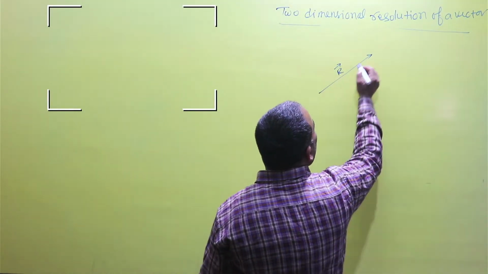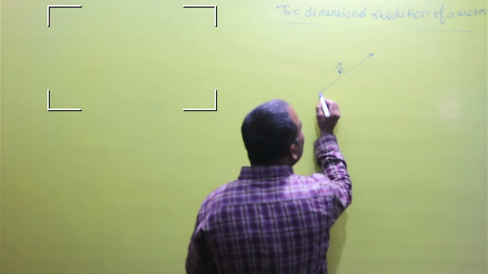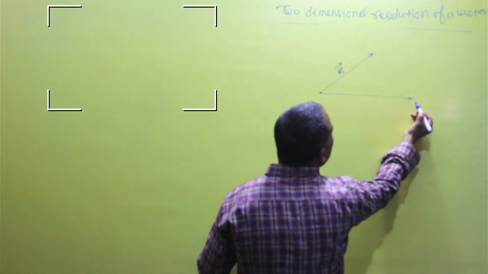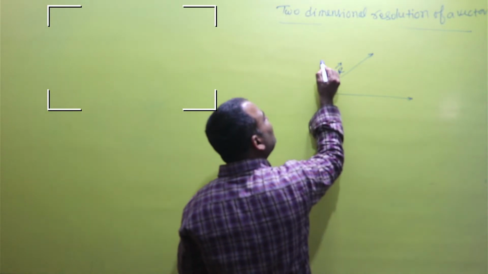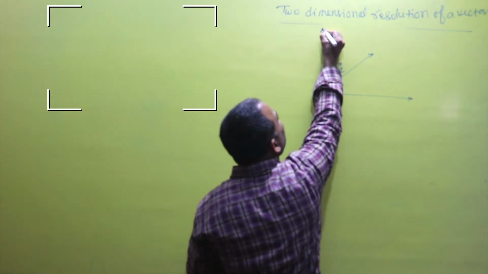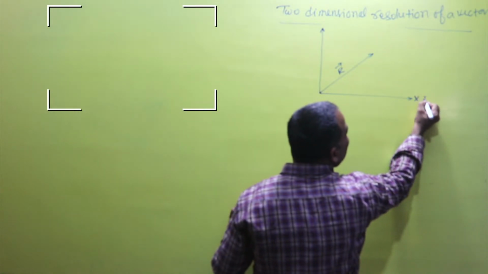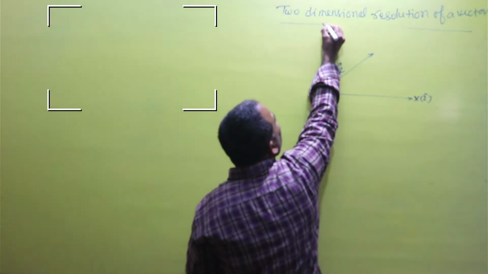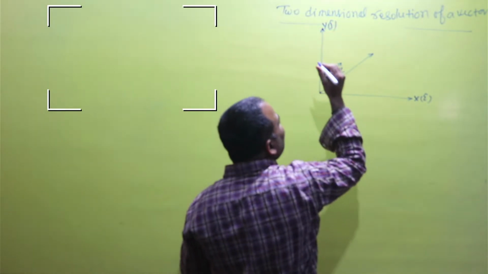Now we have to resolve the vector r, so we have to take axes. Let x axis be i cap and y axis be j cap.